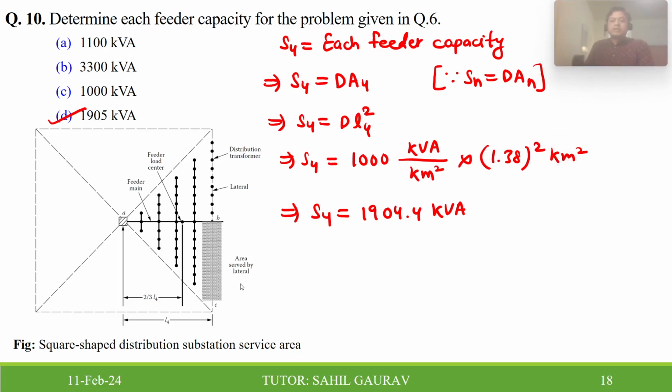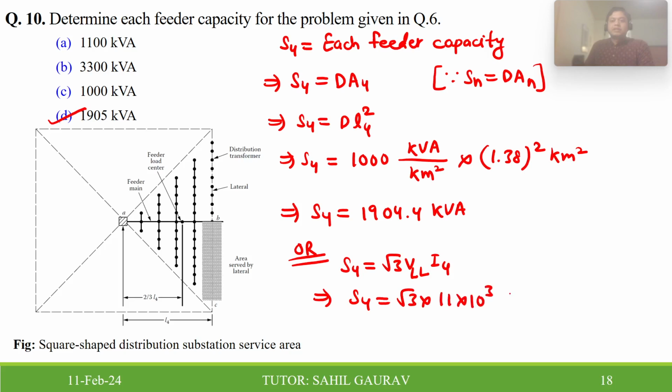And in another way you can also find, since the current value is also given, S4 equal to root 3 times the rated voltage of the feeder and the rated current value, that is the thermally limited value. So VLL is given as 11 kV, and thermally limited current is 100 ampere.